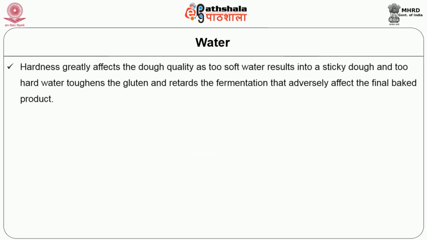Hardness greatly affects the dough quality, as too soft water results into a sticky dough and too hard water toughens the gluten and retards the fermentation that adversely affect the final baked product.